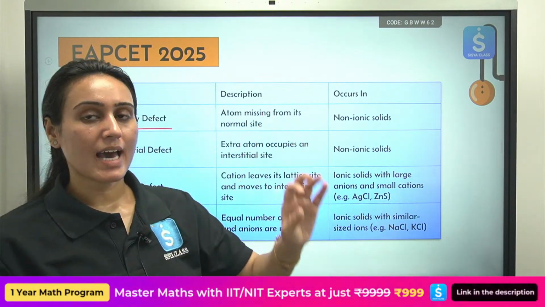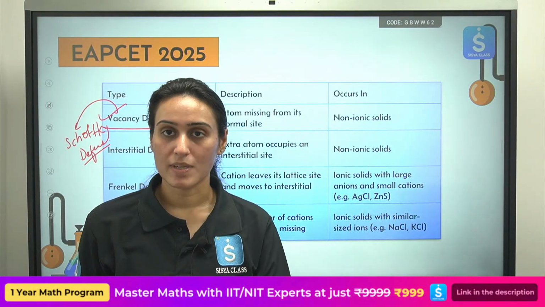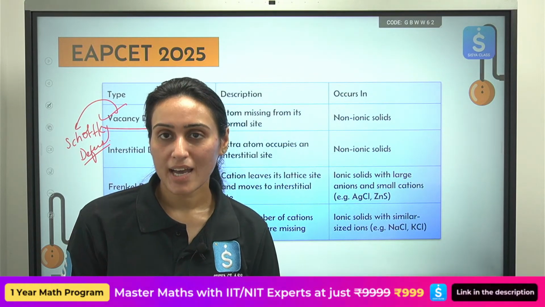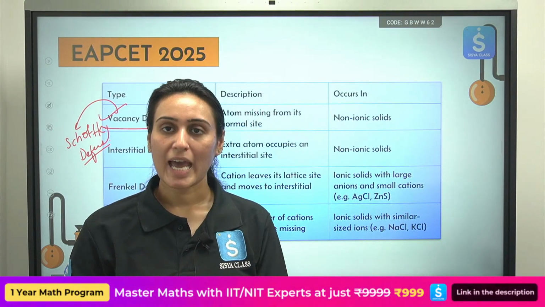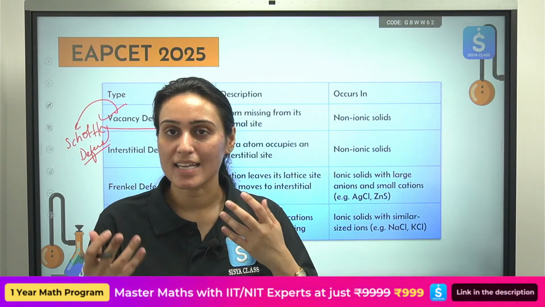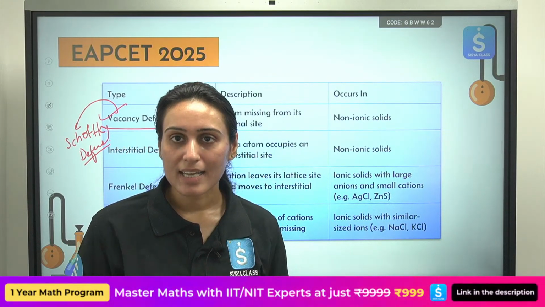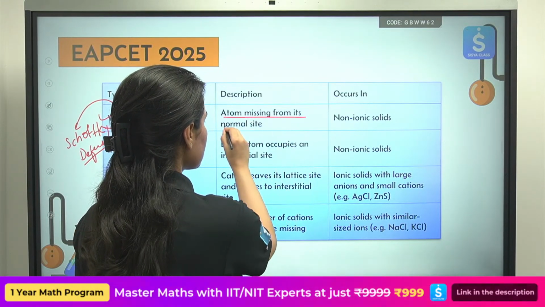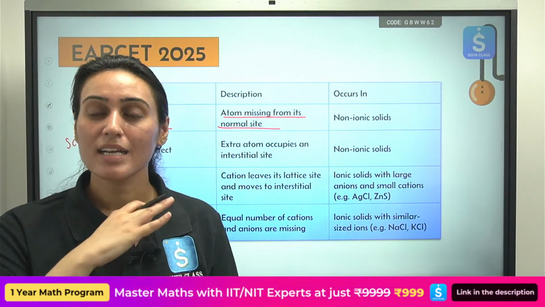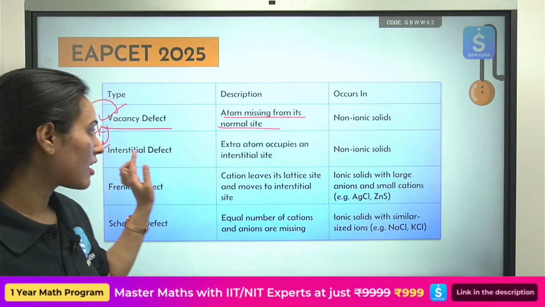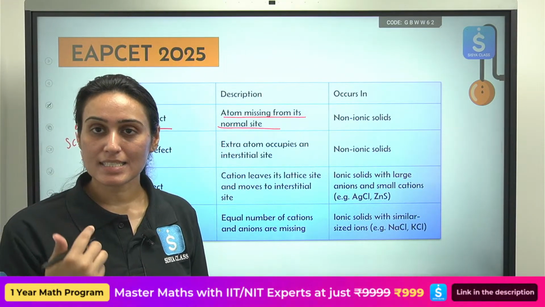Some of the ions are missing from their normal sites, and in order to maintain the electrical neutrality, the missing cations are same as missing anions. Equal number of cations or anions are missing, so density decreases in this scenario. Okay, see, atoms missing from its normal site, both cations and anions. This is what we call as Schottky defect or vacancy defect.